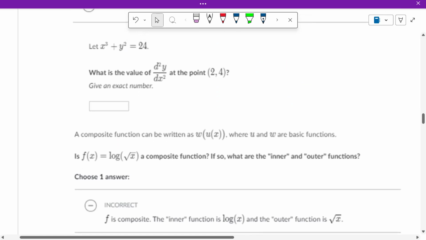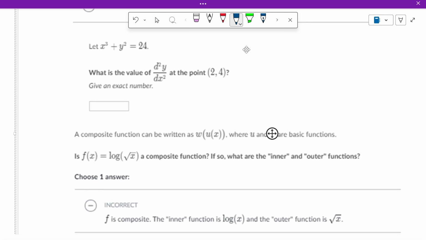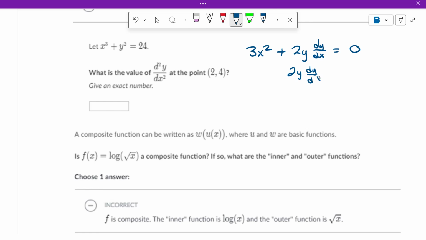Okay, second derivative of that. First derivative, 3x squared plus 2y dy dx equals 0. You solve for dy dx. So 2y dy dx equals negative 3x squared.